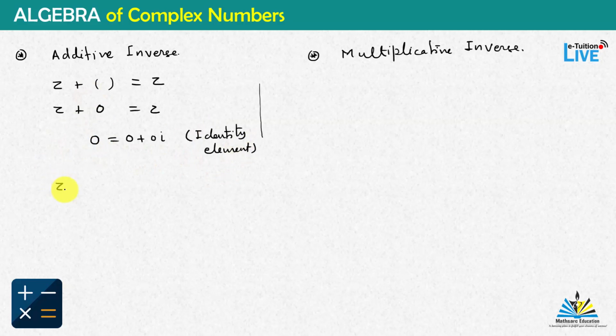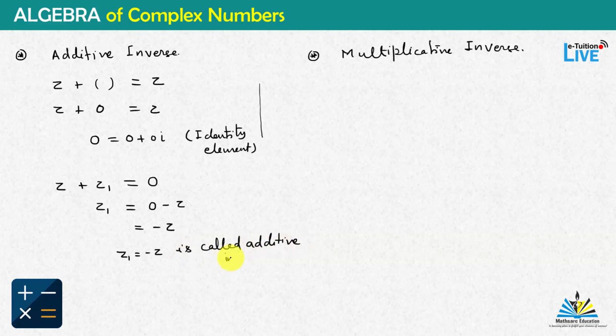Now if we have z plus a complex number z1 as 0, then z1 is equal to 0 minus z, that is minus z. So z1 is equal to minus z is called the additive inverse. So in general, we can have z plus minus z is equal to 0. So this is the additive inverse of z.